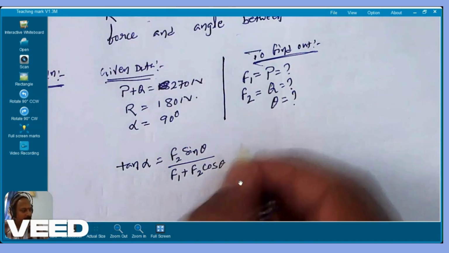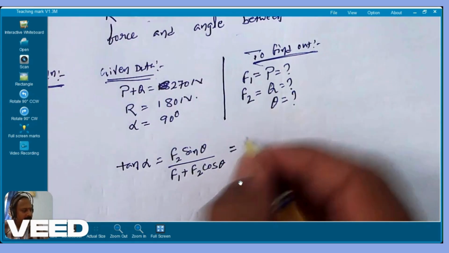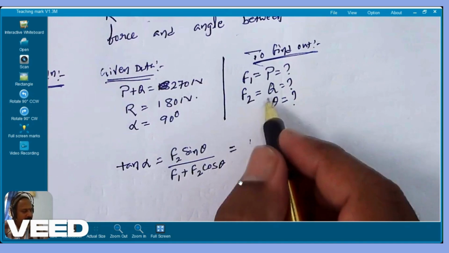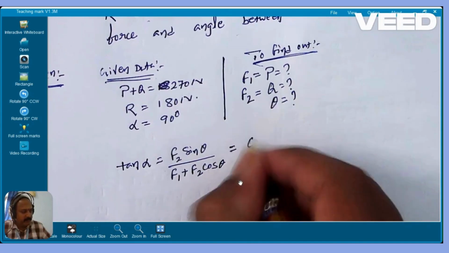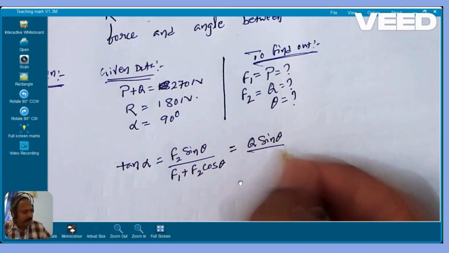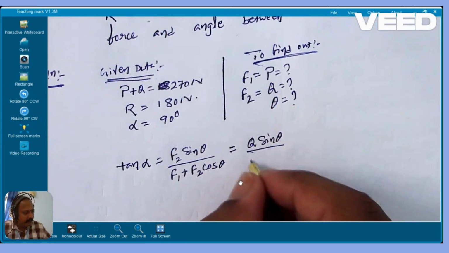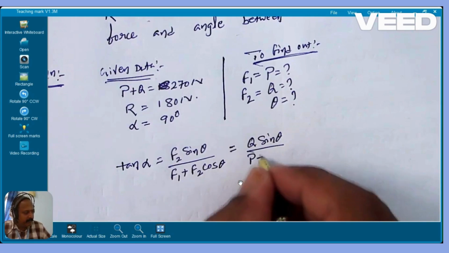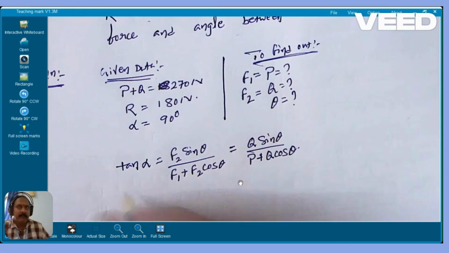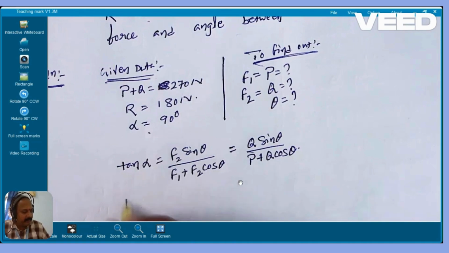If you want, you can convert this in terms of P and Q. F2 is nothing but Q, so you can write Q sin theta by P plus Q cos theta. Here alpha is given to you as 90 degrees.